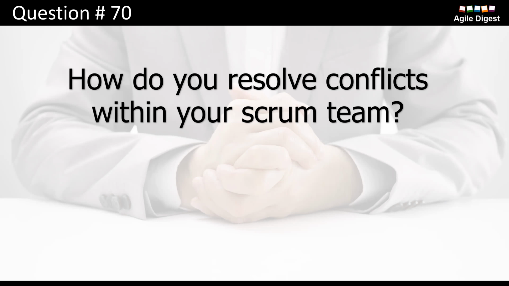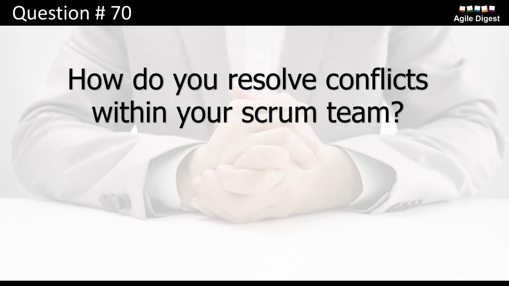If there is personal conflict, as a scrum master you may need to be very friendly with them. If it is possible, they can share the reason for the personal conflict, and you can try to resolve that up to a certain extent, but you cannot resolve all personal conflict on your own.